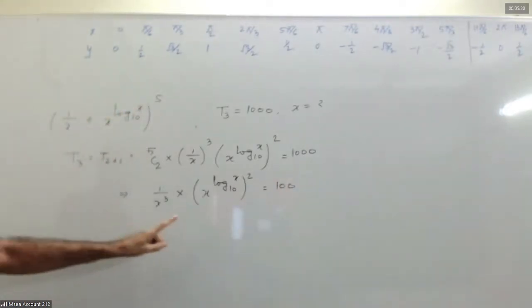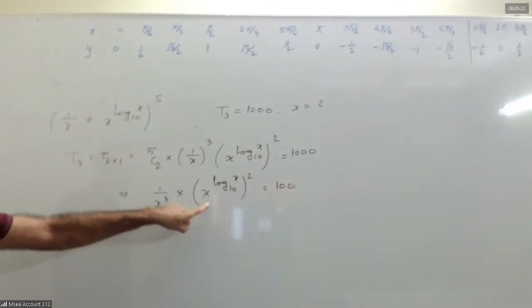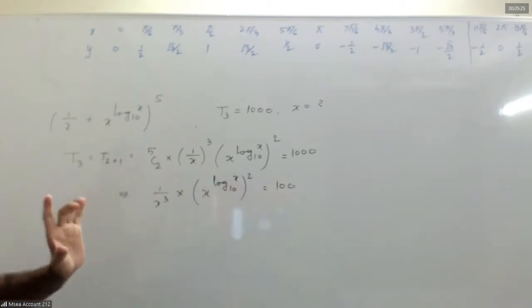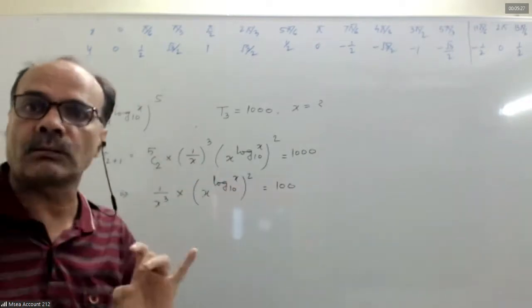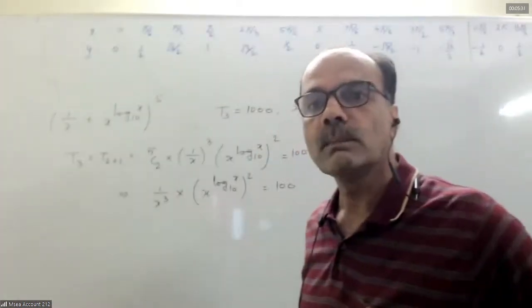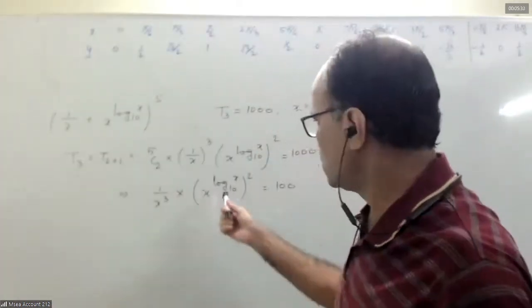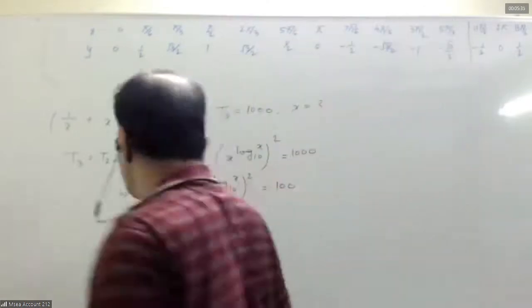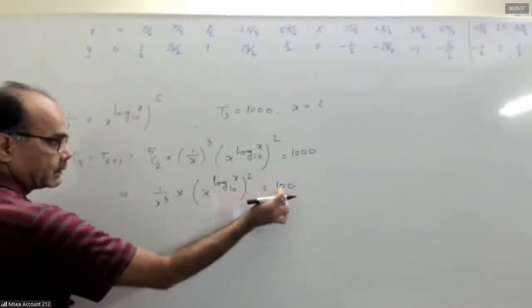See, whenever variable to the power variable is there, at least once we will think of taking log. I told you earlier also. Whenever variable to the power variable is there, taking log to the base 10, here 100 is there.